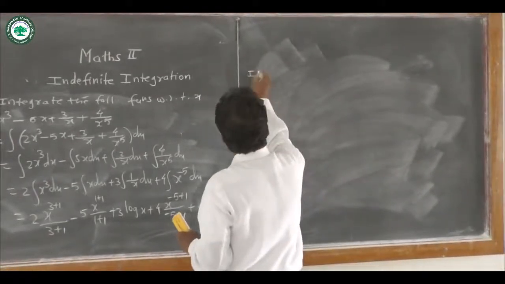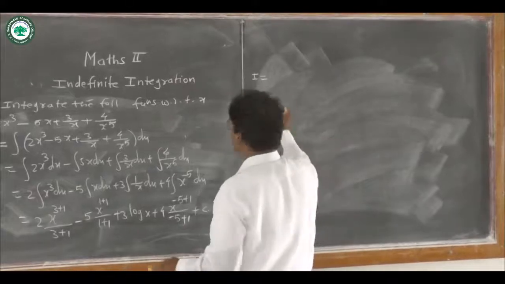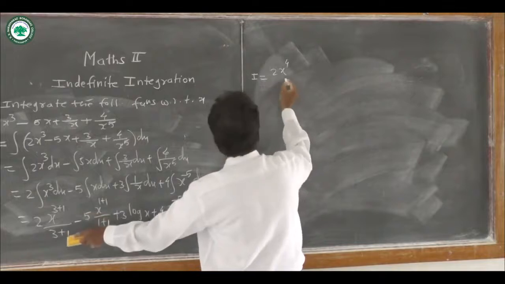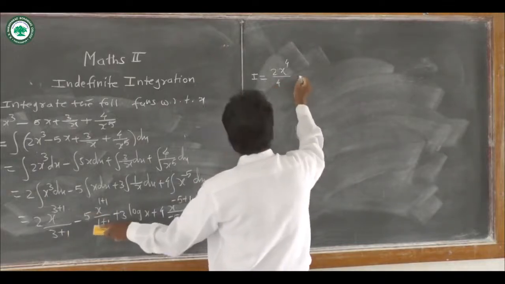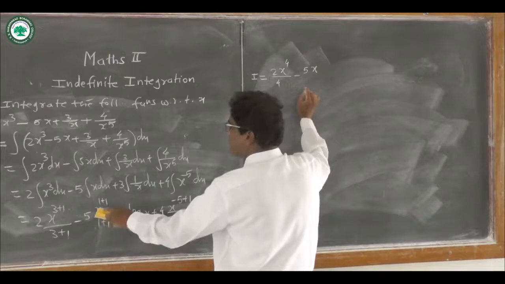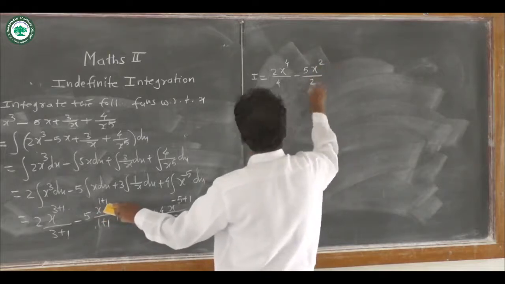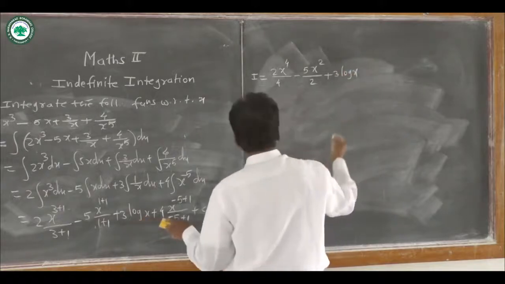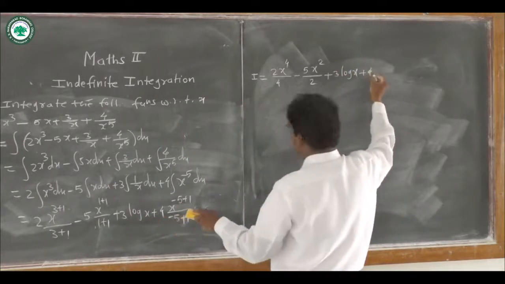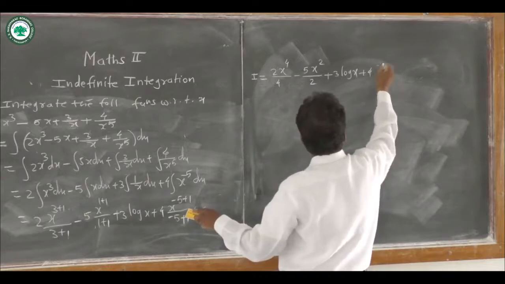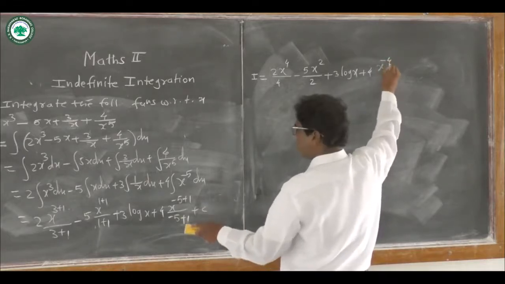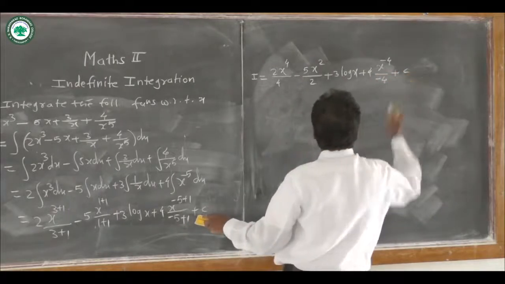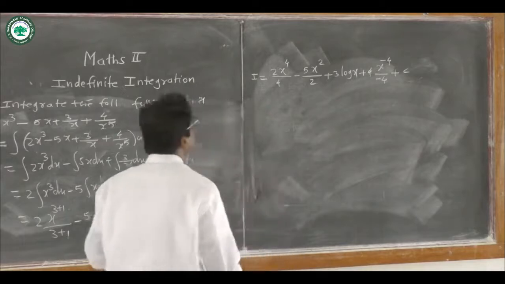I is equal to 2 into x to the power 3 plus 1, 4 upon this 4 minus 5 x to the power 1 plus 1, 2 upon 2 plus 3 log x plus 4 x to the power minus 5 plus 1, means minus 4, divided by minus 4, plus constant of integration c.